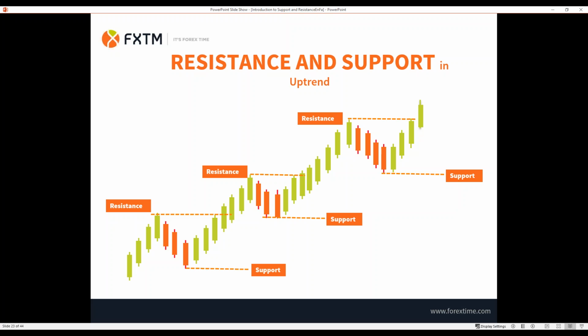One rule is to avoid the very small candlesticks. This will help you to identify the important ones.